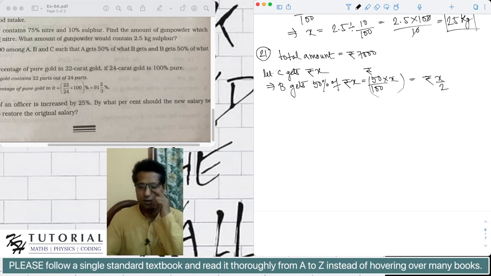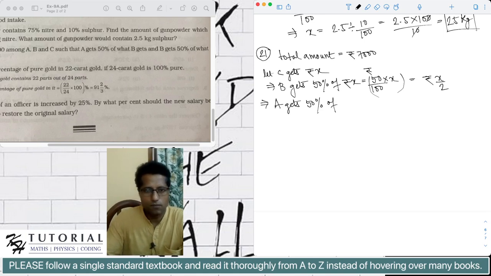So X by 2 is the amount B gets, based on the fact that we have assumed C gets rupees X. Now it is also given that A gets 50% of what B gets. Now B gets rupees X by 2. So it will be 50% of rupees X by 2.